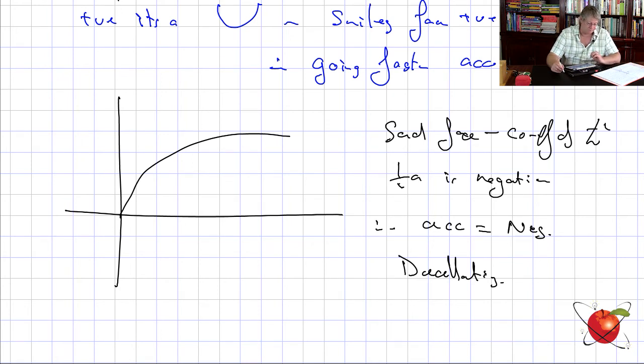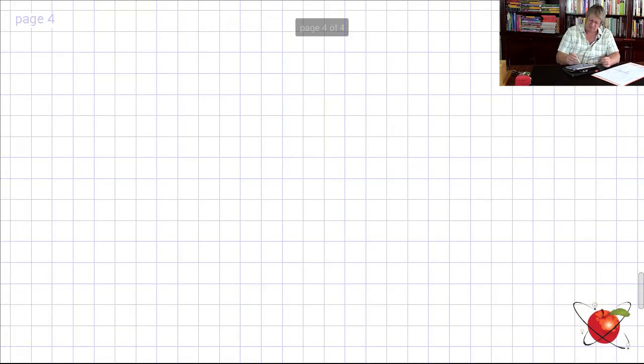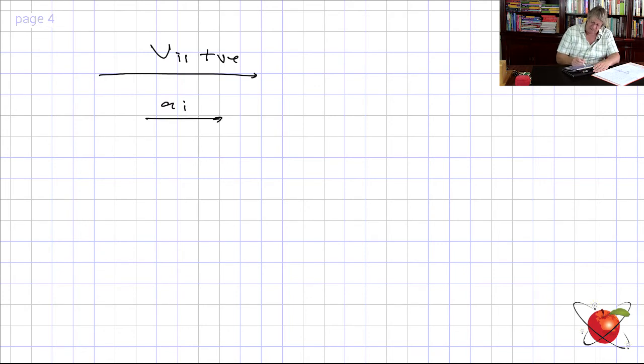Now, let's have a look at, once again, let's just go through this concept here as well, shall we? If I am moving in this direction, v is positive, right? If my acceleration is positive, it means I am accelerating, doesn't it?